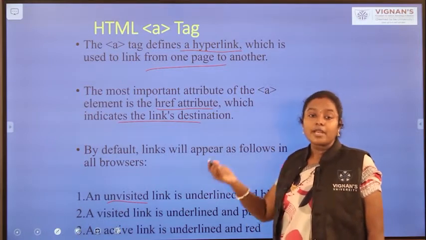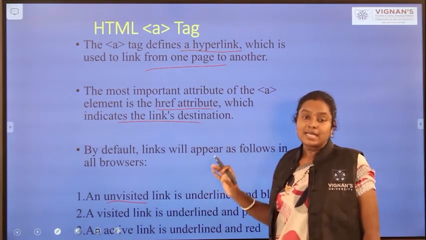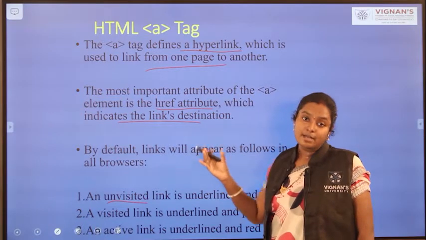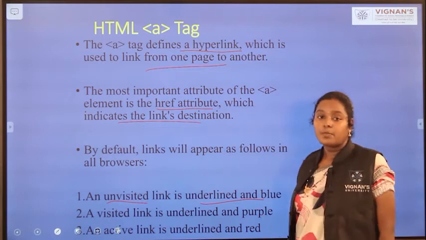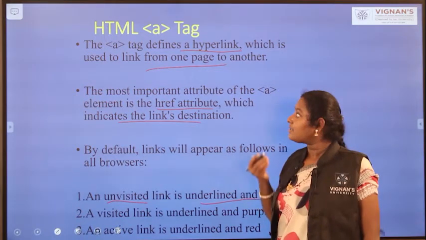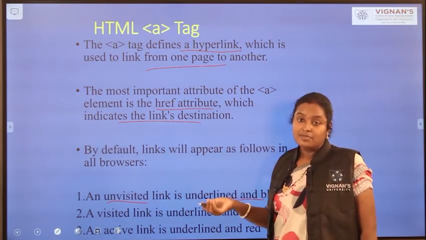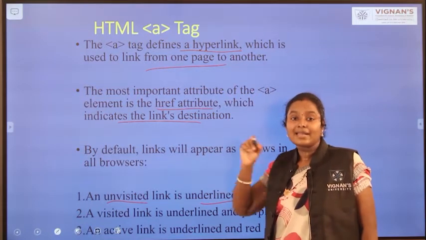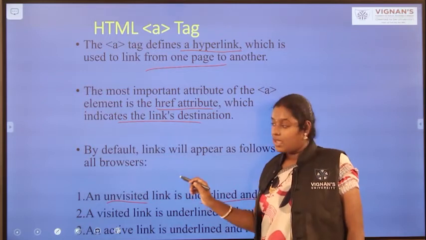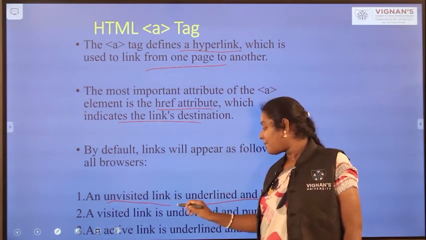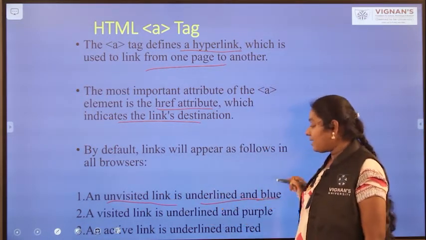Whatever links you see when you open a browser are generally termed unvisited links. Generally they are underlined and blue in color.